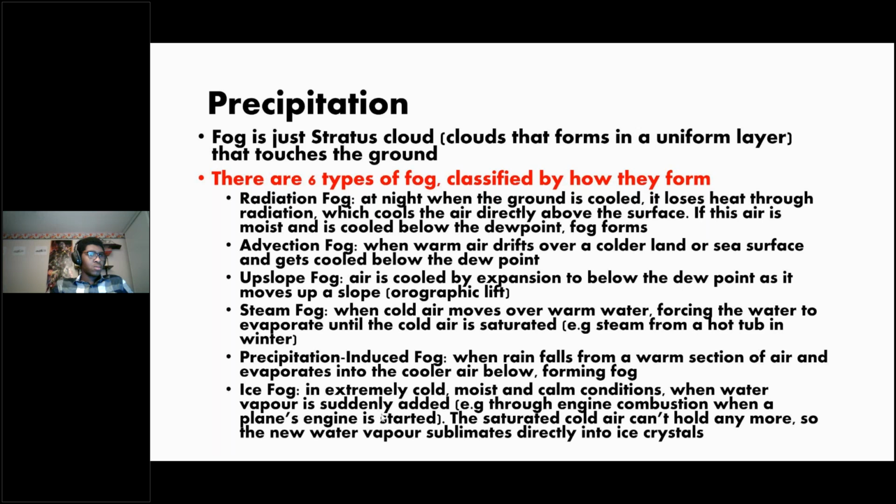So like when you turn a plane's engine on, for example, there's a burst of air and moisture that comes out from the engine, and you might see a bit of a cloud form. That's what ice fog would be. So the saturated air basically immediately can't hold any more. So that new moisture sublimates directly into a mini cloud, basically.